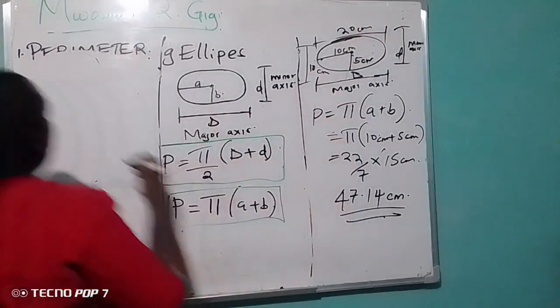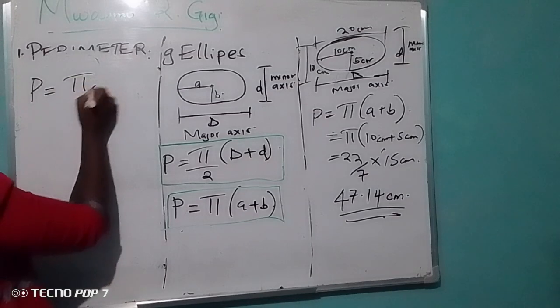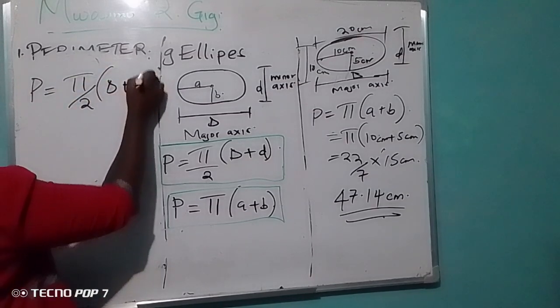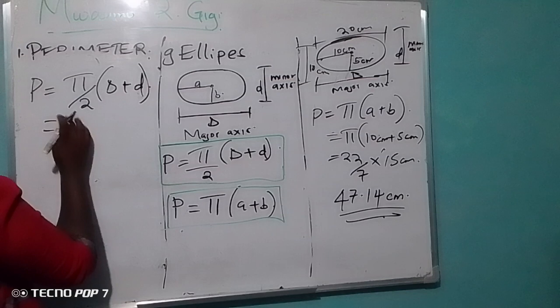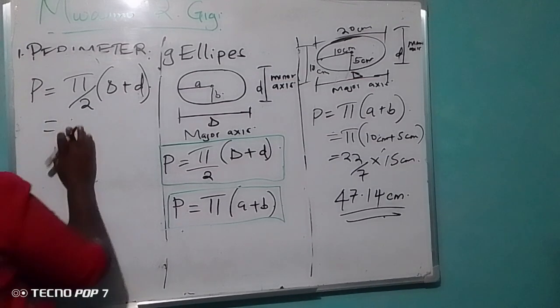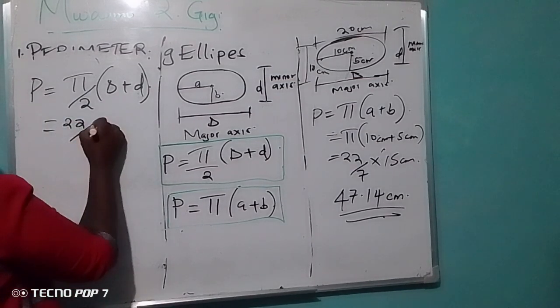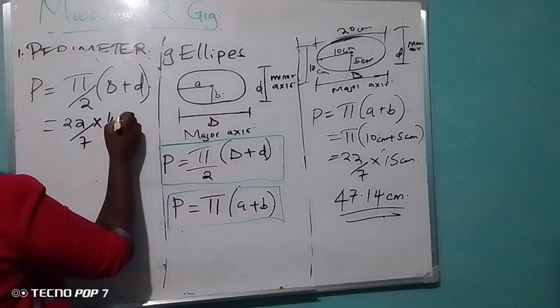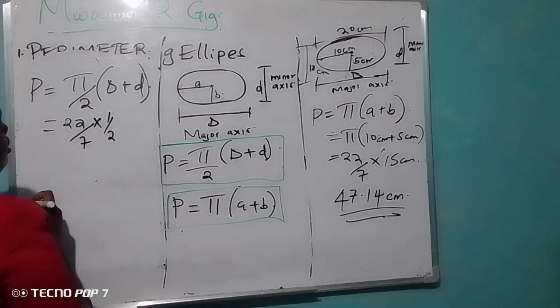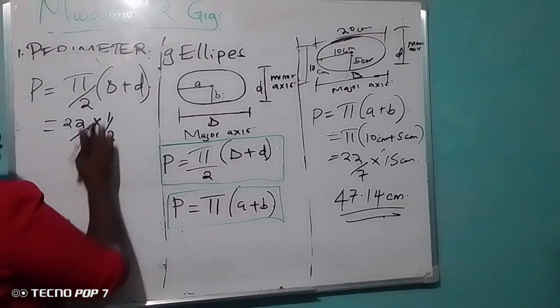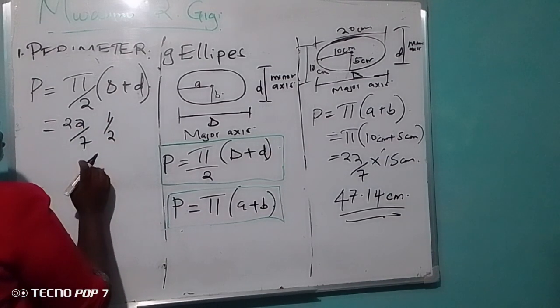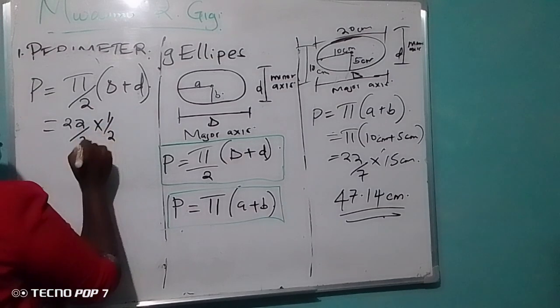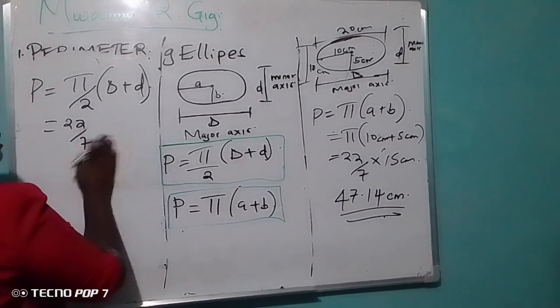So we quote the formula as pi over 2 into brackets d plus d, which is equals to 22 over 7 times a half, si ndio? Hapa ndio penye watu watakosea.